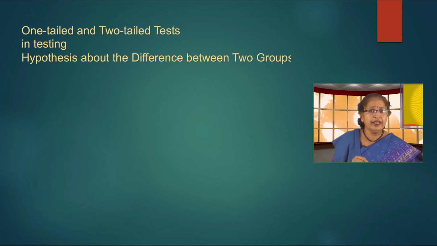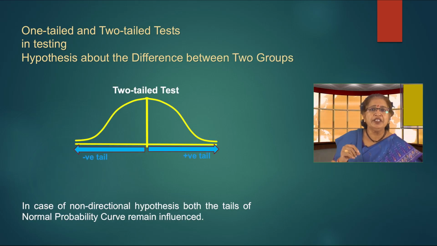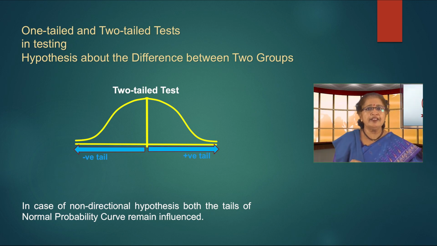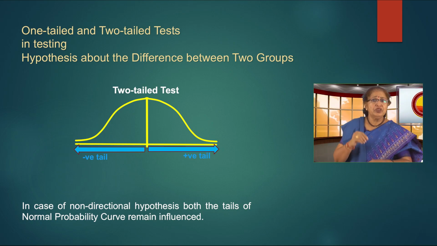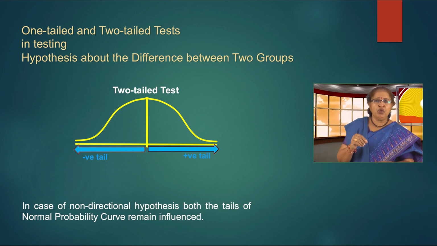In Anjali's case, she formulated her alternate hypothesis as a non-directional hypothesis. In case of a non-directional hypothesis, both the tails of the normal probability curve remain influenced.